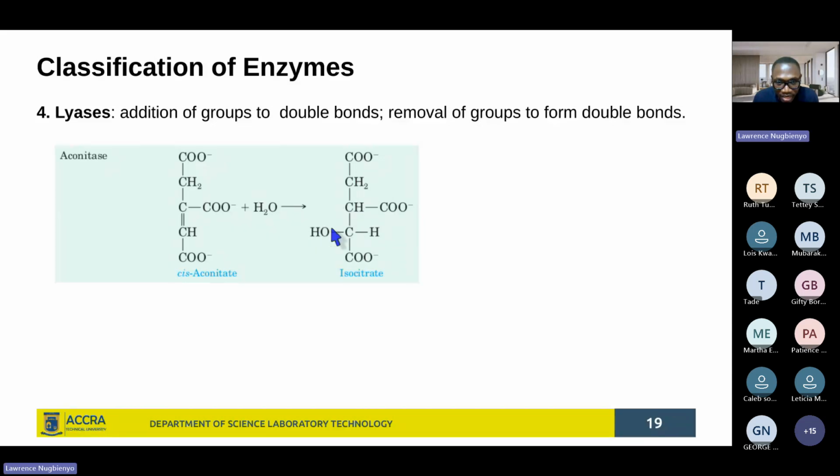This hydrogen and this OH were not in cis aconitate. That's why you have the double bond there. The hydration removes that double bond from cis aconitate. The reverse of this reaction will mean removal of water to give you that double bond, and that will be dehydration. So that is what lyases do.